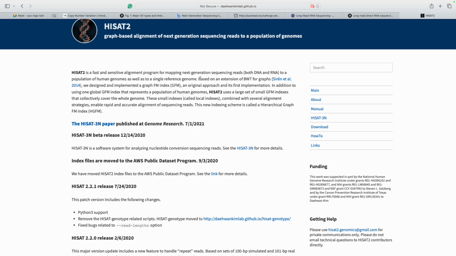It is based on the extension of BWT and FM index that we have already covered, how BWT and FM indexing work during aligning our raw reads to our reference genome.